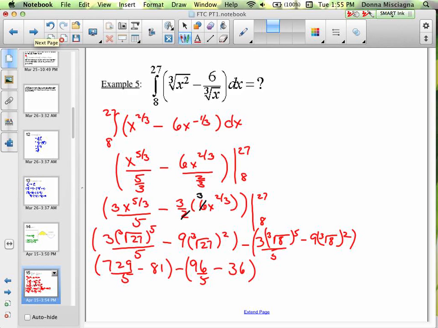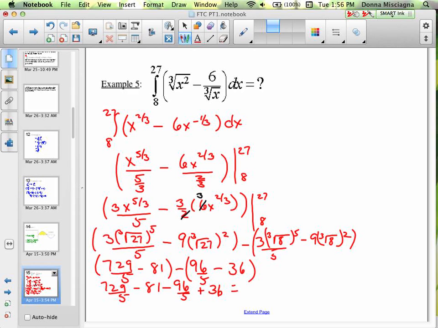Rather than give everybody the same denominator, why don't we just distribute the negative and we can combine like terms, and then if we need to, we'll rewrite. All right, so this would be 729 fifths minus 81 minus 96 fifths and plus 36 equals.